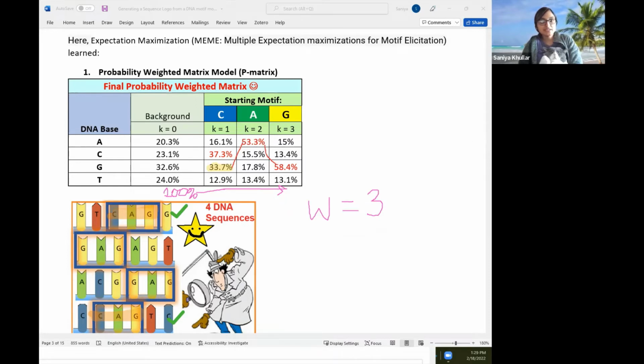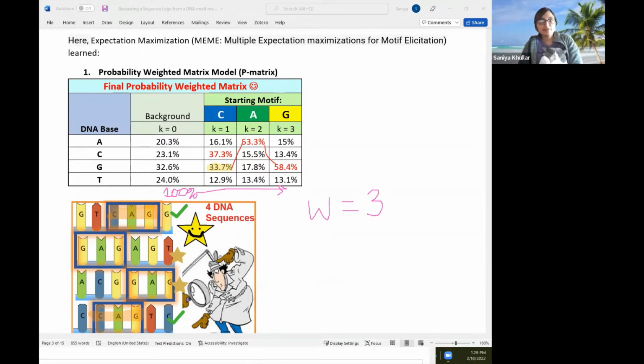If we have a GAG, it's G, A, and G, and this is so close to this 37.3%. It's a runner-up, so this is GAG. That's why we select GAG here. It appears also in this sequence and in this sequence. Let me put a little star here because we trooped through this. But that's sort of why we select these optimal motifs the way that we do.